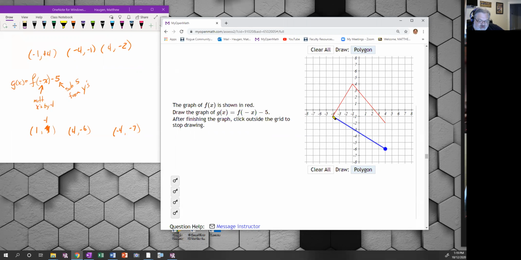So it goes from -4 to +4 and then drops down by 6. This point goes from -1 to +1 and drops down 1, 2, 3, 4, 5, 6 to there. This point goes from -4 to +4 and then drops down 1, 2, 3, 4, 5, 6. And that's that image rotated and then dropped by 5.